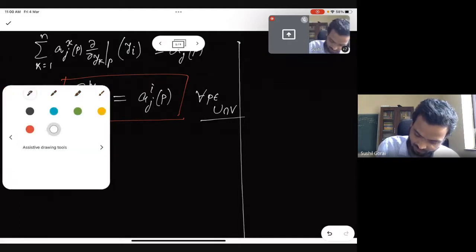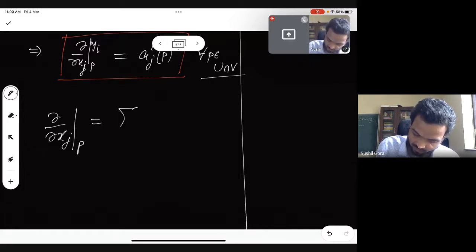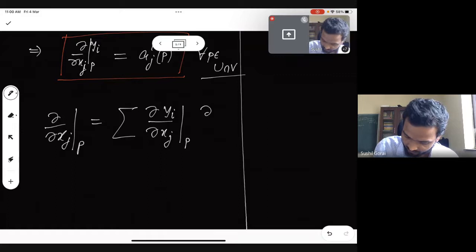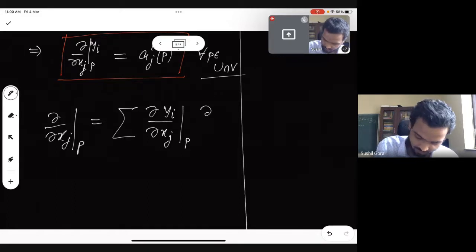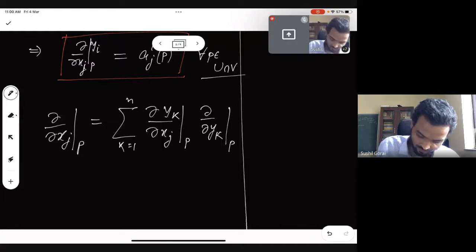So what we get is the following: del by del xj at p is equal to the summation of del yi by del xj at p times del by del yi, with k from 1 to n.